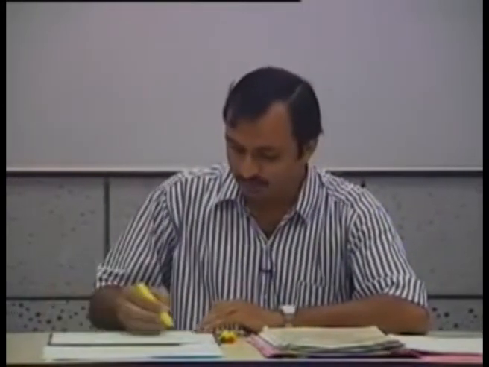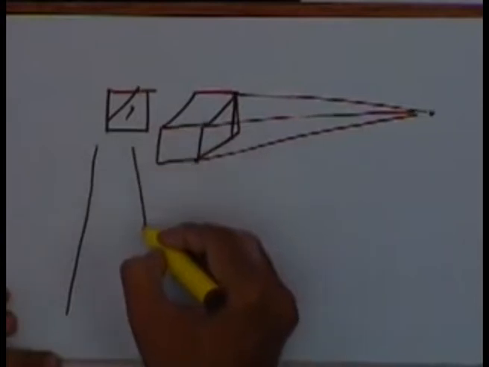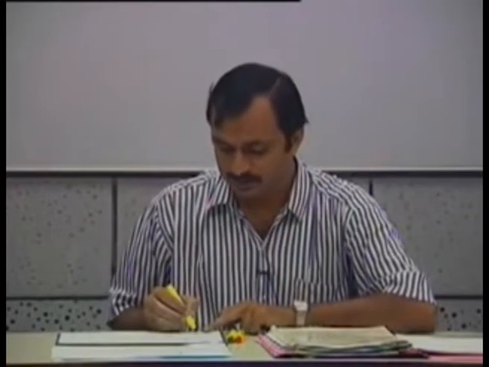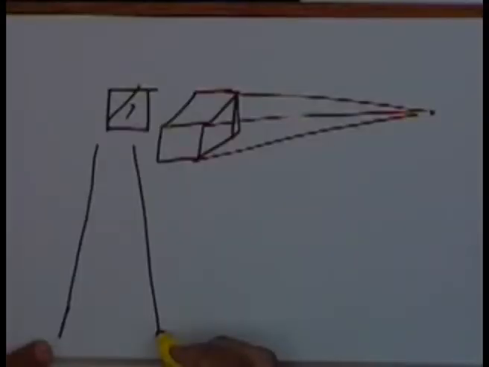A very standard example given is if you're standing on a railway track and you look at the railway track, it would look something like this. At infinity, it will seem to converge to a point. Even though the lines are parallel, very close to you the distance between them will look larger than the distance at a very far away point.